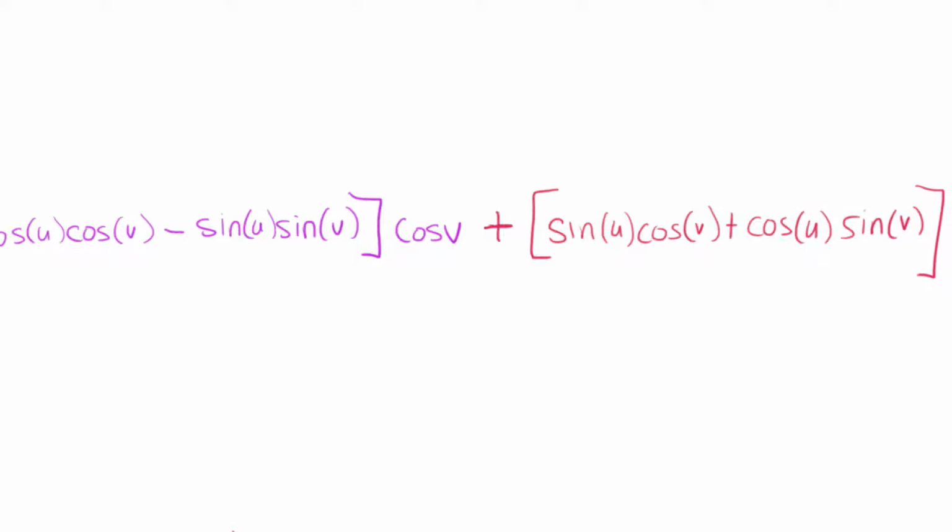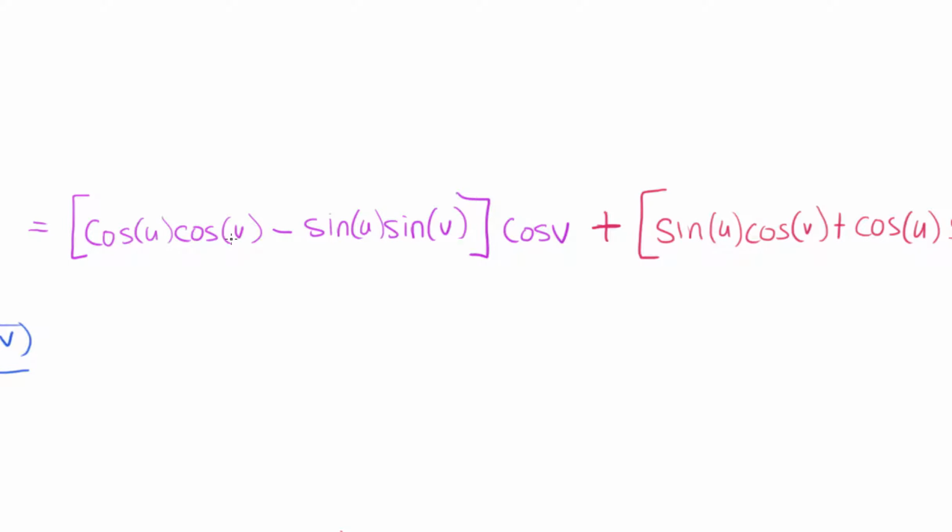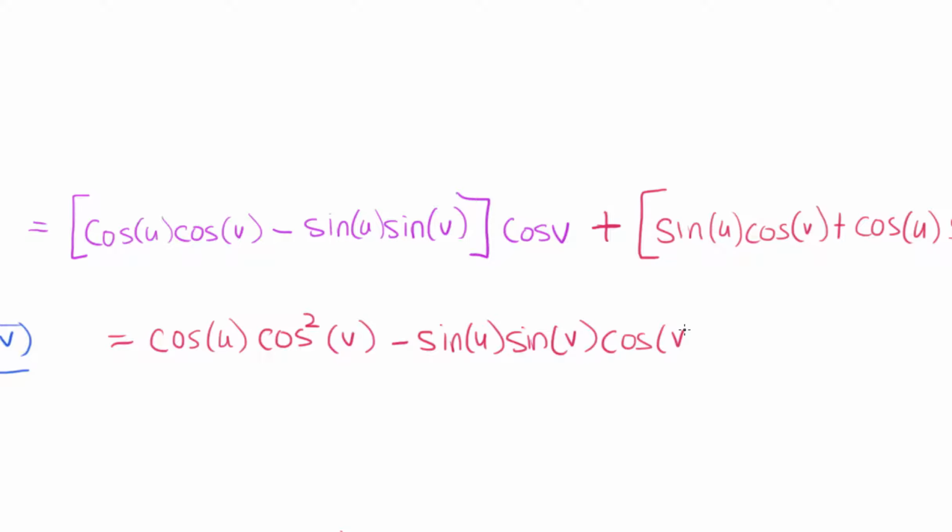Now we distribute. Distributing the cosine of v gives you cosine of u cosine squared of v minus sine of u sine of v cosine of v. And then, instead of going sideways, I'm going to add it here.